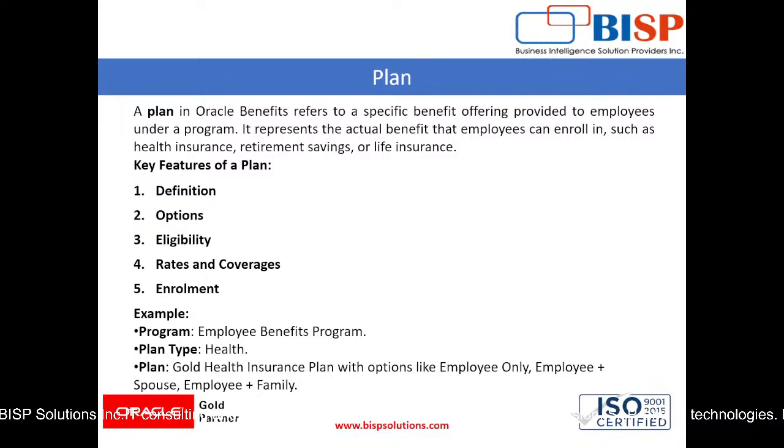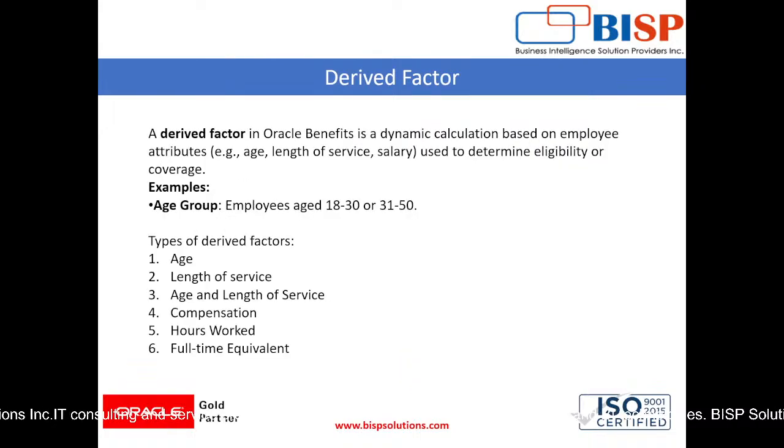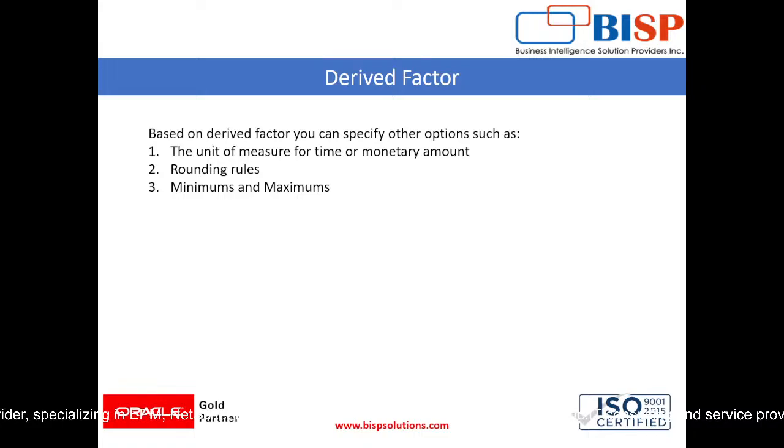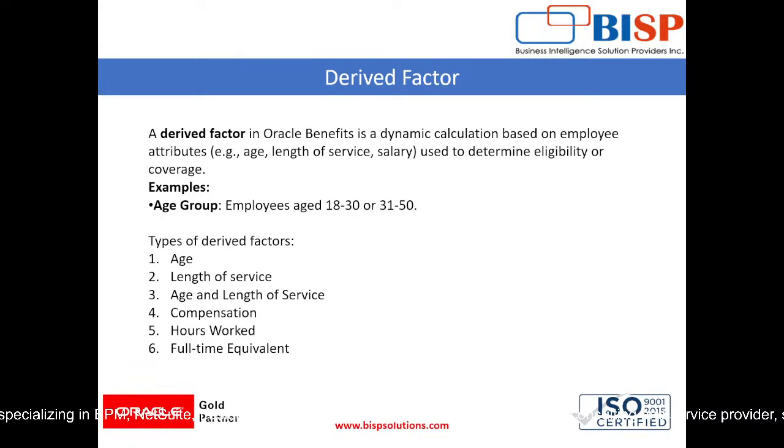Before we create a plan, I told you why we need to create derived factors, so we can include that into our eligibility. Eligibility criteria can also be included in our programs as well.